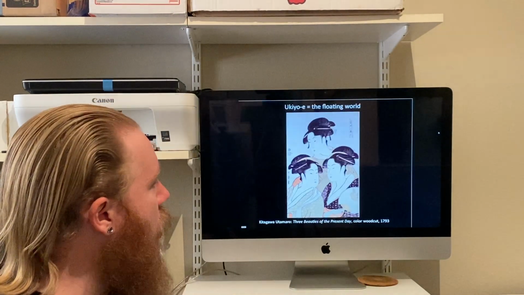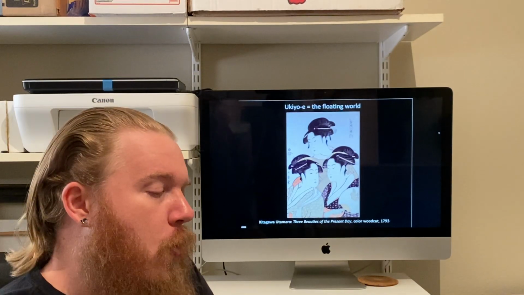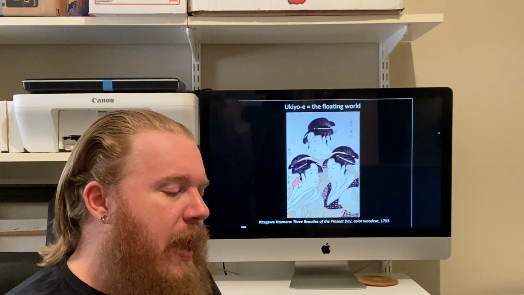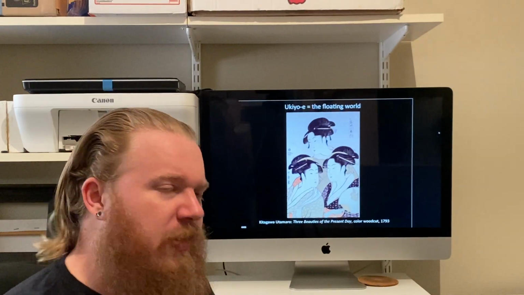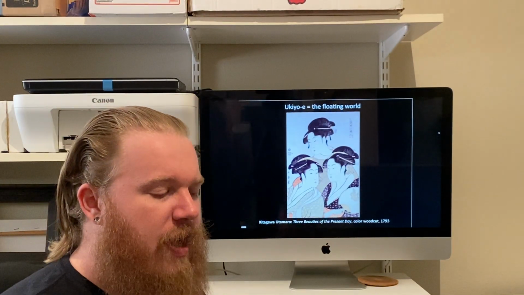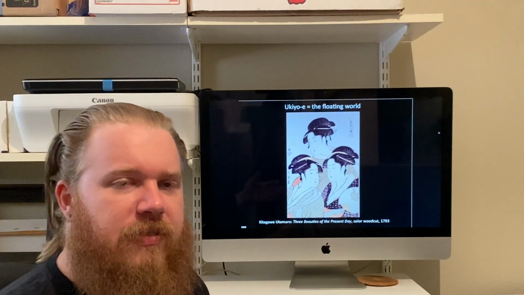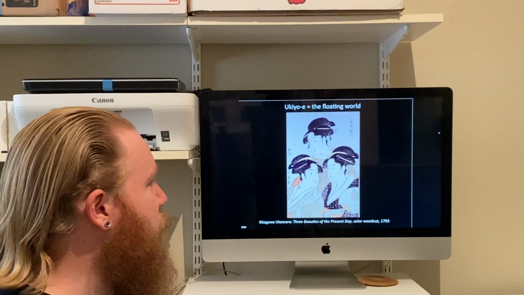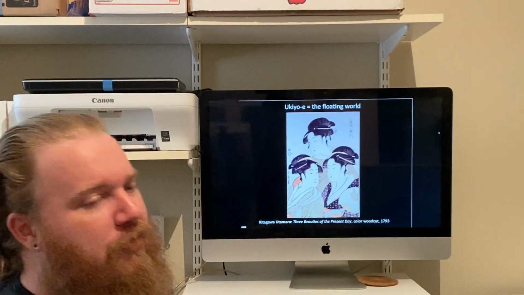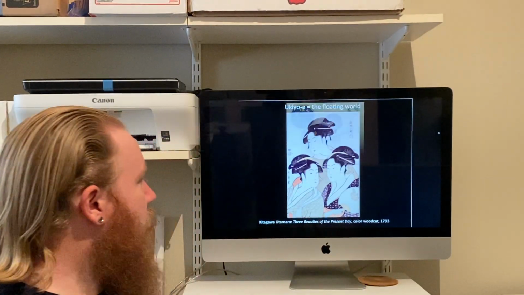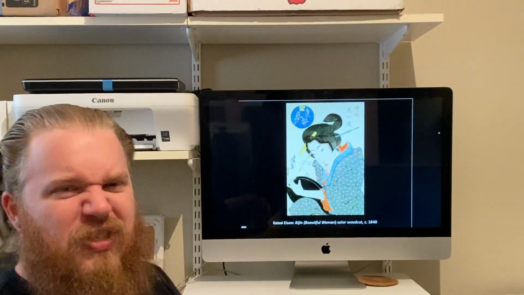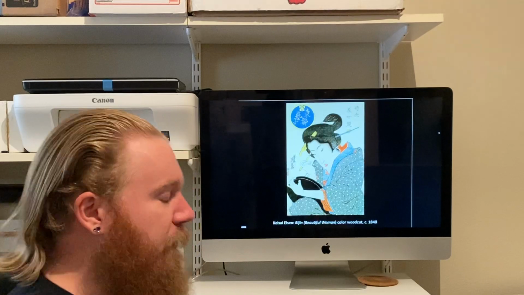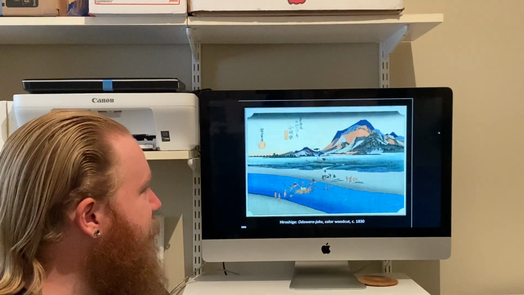But these are what are referred to as the ukiyo-e, which literally means the floating world. These are prints that are done of fleeting aspects of daily life, popular entertainment, all kinds of things like this. So a lot of these Japanese prints portray women in their finery, or doing their makeup, and just daily things, popular theater, even landscapes such as we see here.